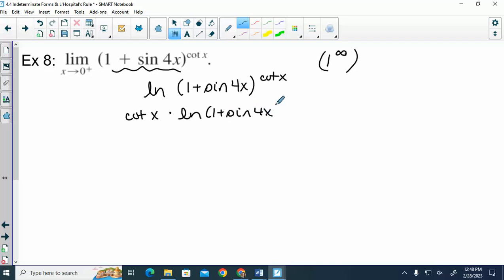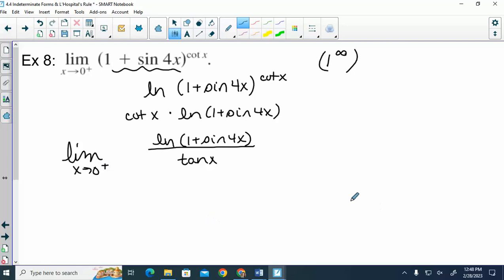And we know that anytime we're dealing with indeterminate forms, we ultimately want to write them as a fraction. So if I wanted to bring the cotangent to the bottom, what's the reciprocal of cotangent? Tangent. So this is what I'm going to do the limit of.